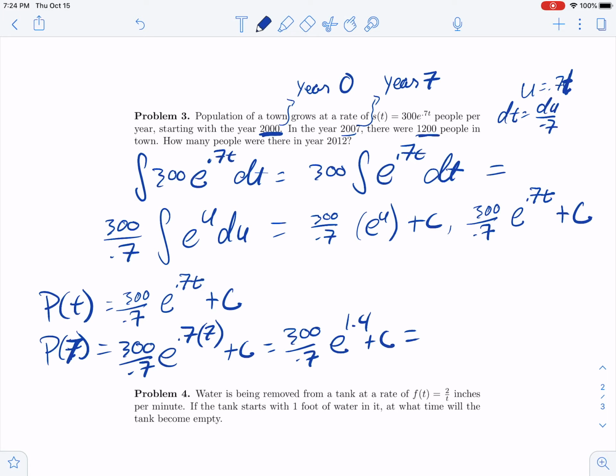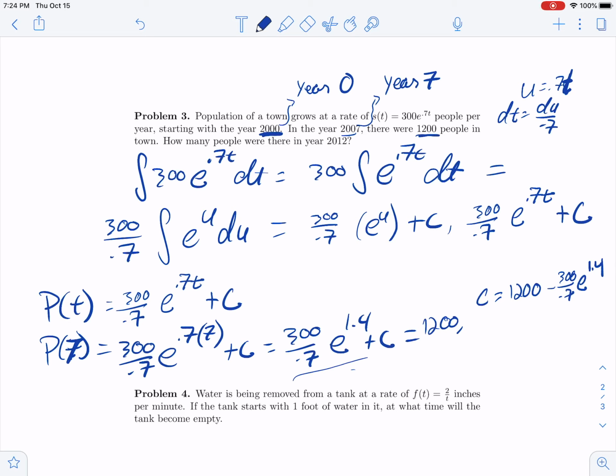I need this to be equal to my population in this year, which is 1200. So I get that c is equal to 1200 minus 300 over 0.7 e to the 1.4. If I solve for c, just subtract this stuff over to the other side.